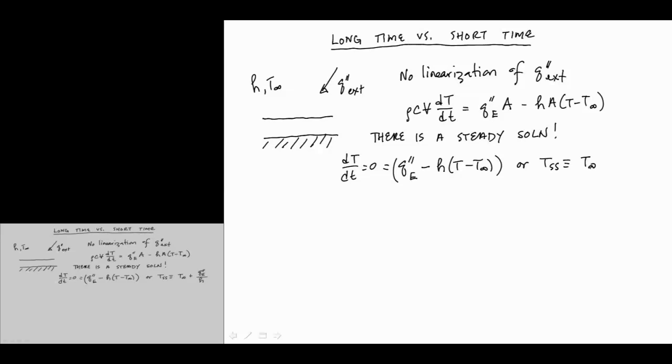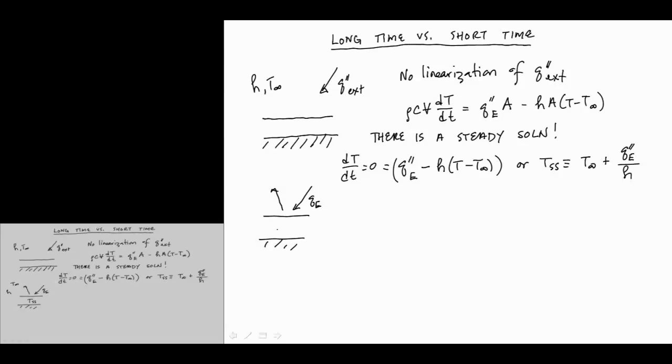It says that in steady state, this sample heats up to a temperature where the external heating is exactly equal to the convective losses. Makes sense. So there's no longer storage because it's in steady state.